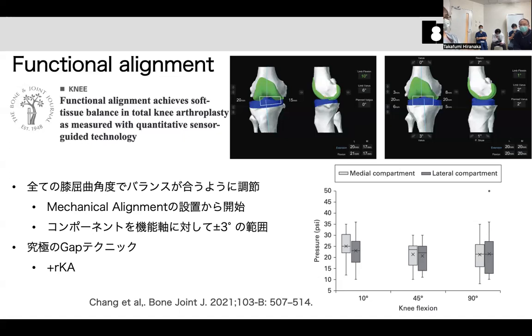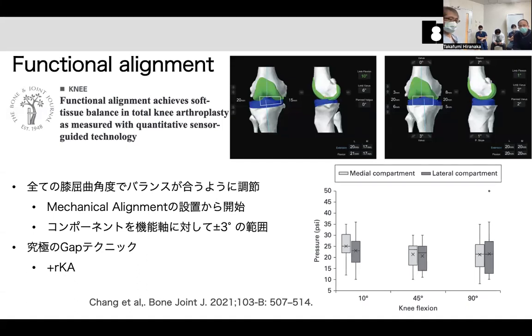So based on mechanical stability and mechanical balance, this is the extreme case of gap balancing. Perfect gap balancing technique using modern computer technology. So it is the second advantage of robotic use.